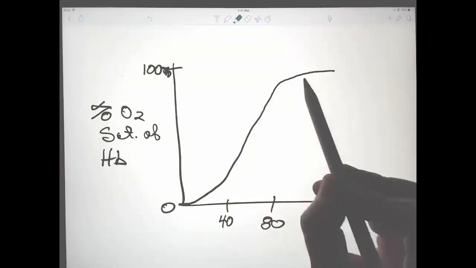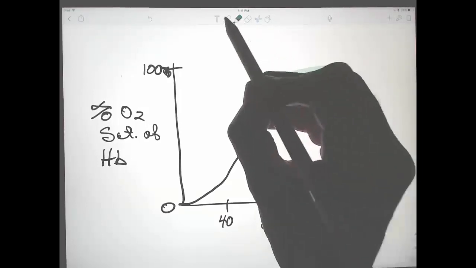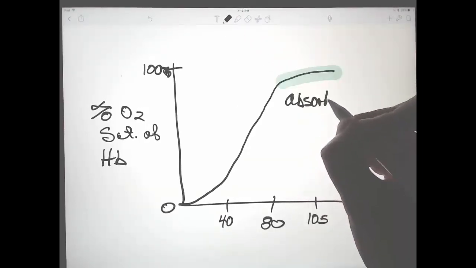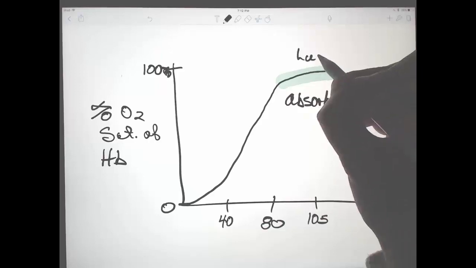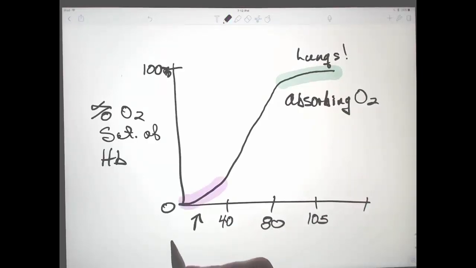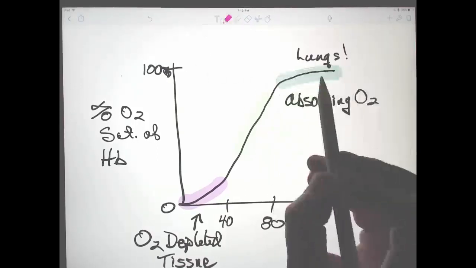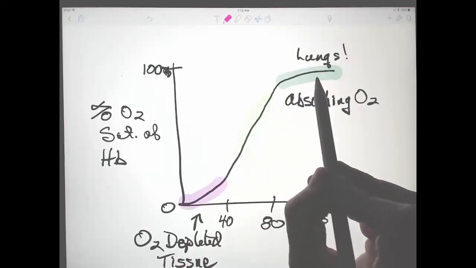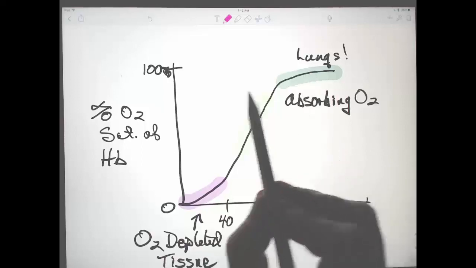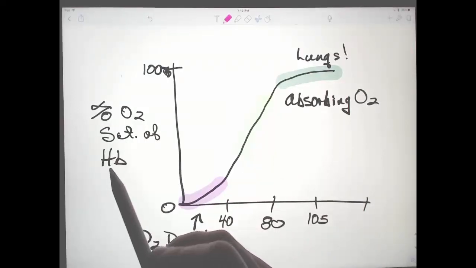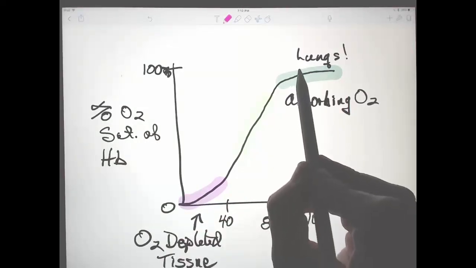So in a typical mammal, this is the situation in the lungs. This is the situation in oxygen-depleted tissue. And this is the situation in intermediate stages. In each breath, you start with air in the lungs in which the hemoglobin is picking up oxygen and is nearly 100% saturated.